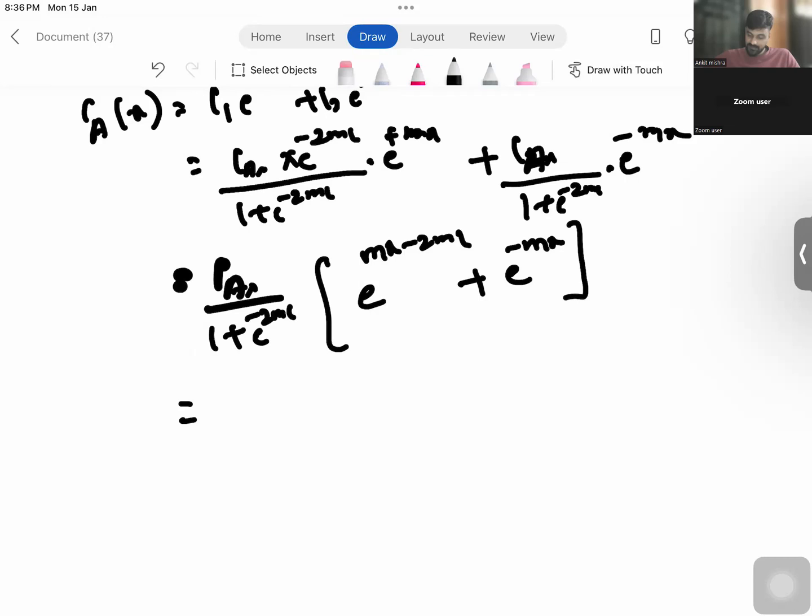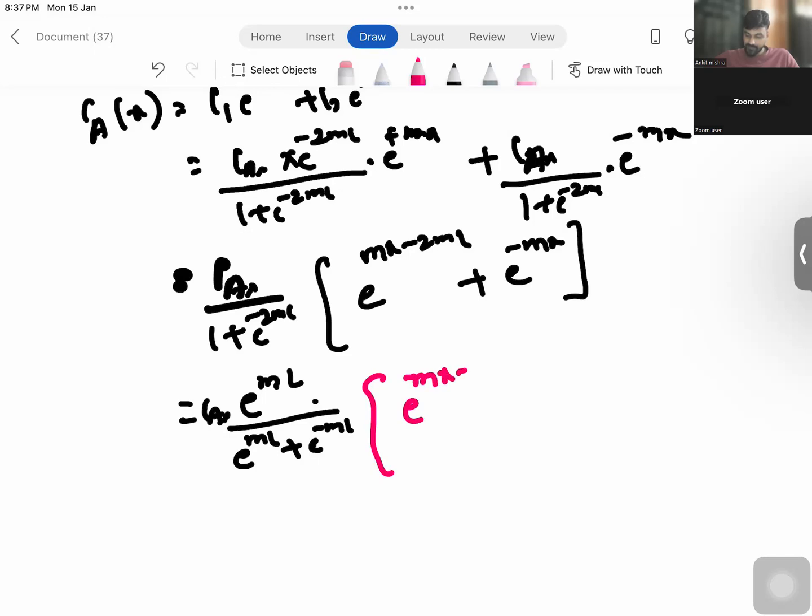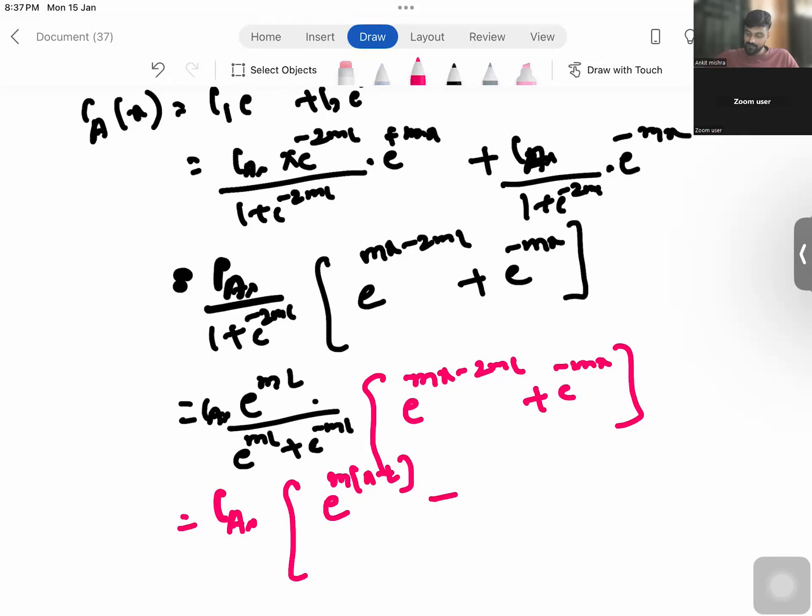It's very easy. e to the power ml upon e to the power ml plus e to the power minus ml, right? Into, obviously, CAS will be there. And again, you can multiply e to the power mx minus 2ml plus e to the power minus mx. Fine. So finally, you can write CAS times e to the power m(x minus L) plus e to the power m(L minus x), divided by e to the power ml plus e to the power minus ml, kind of that.